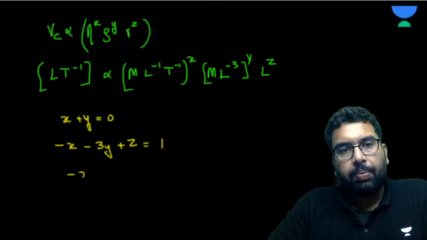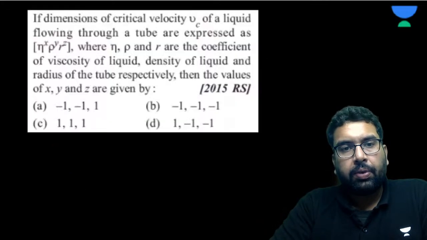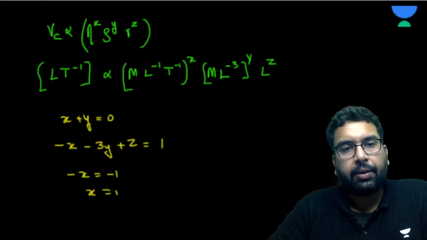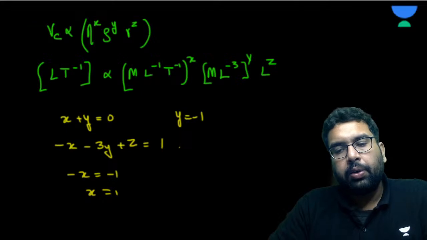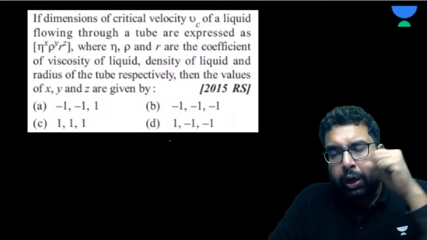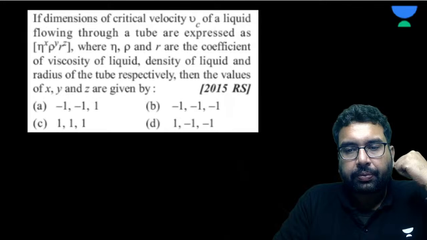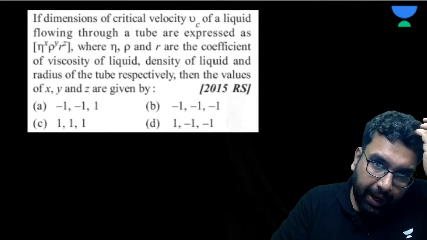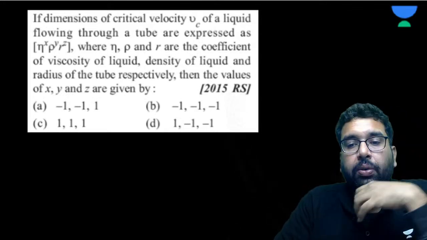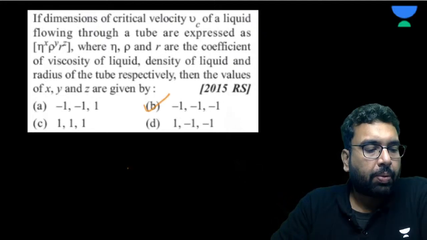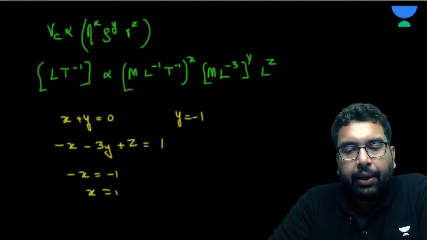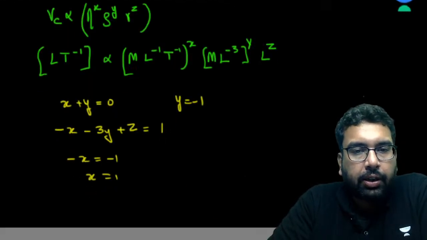And T to the power minus x is minus 1, so x is equal to 1, so y is equal to minus 1, right? So you got the solution right away, isn't it? So x is 1, y is minus 1, so we are having only one option that is left, that is B option, right? So see, in this first chapter, this is 1 June where they talk about this.